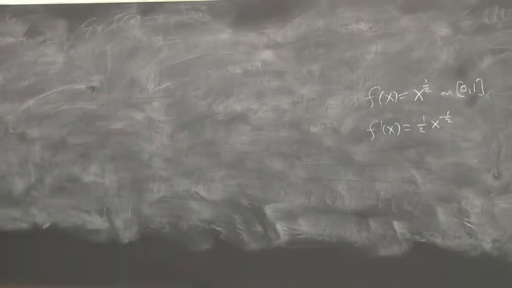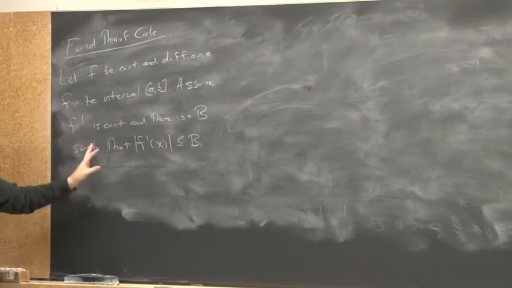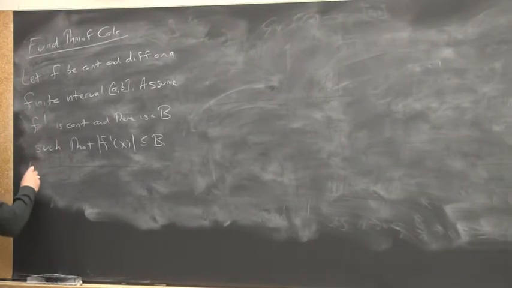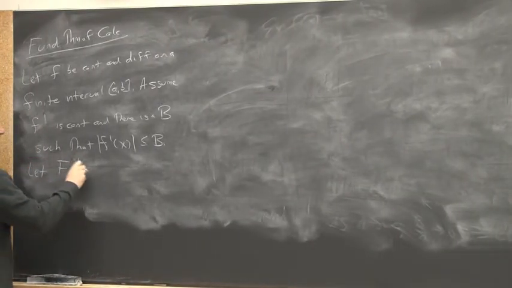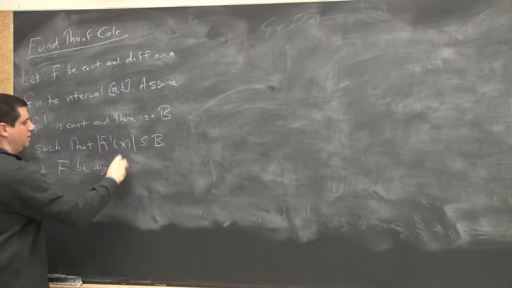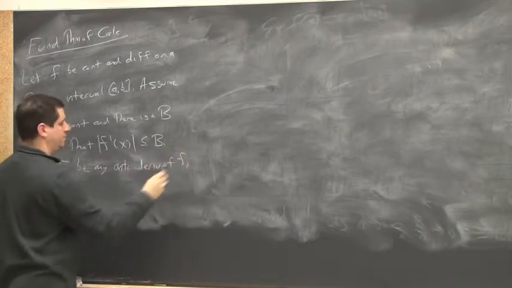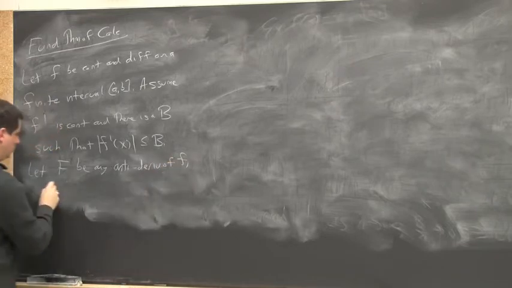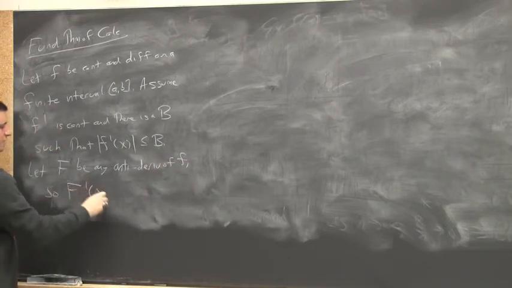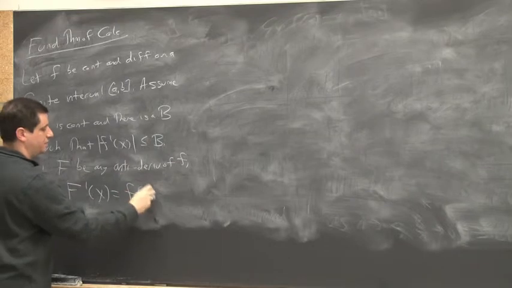So I'm assuming f prime is continuous. There's a B such that f prime of x is less than or equal to B. Let big F be any antiderivative of little f. So big F prime of x equals little f of x.